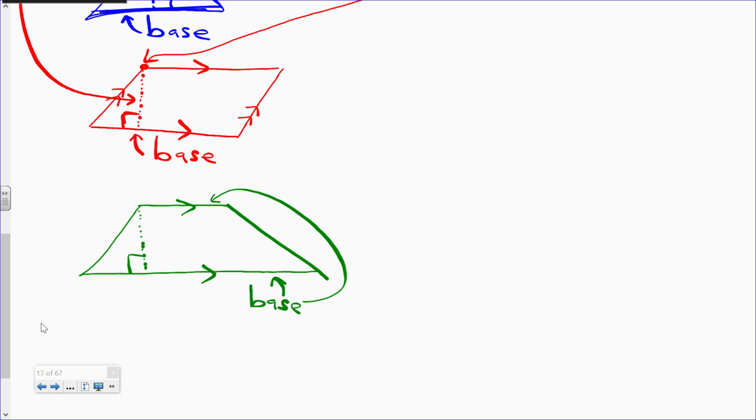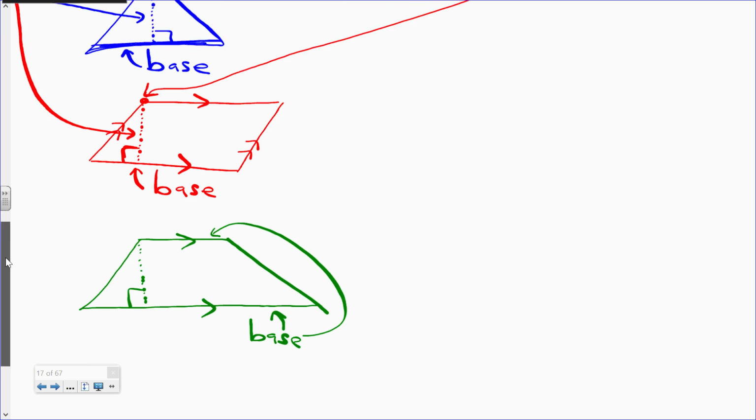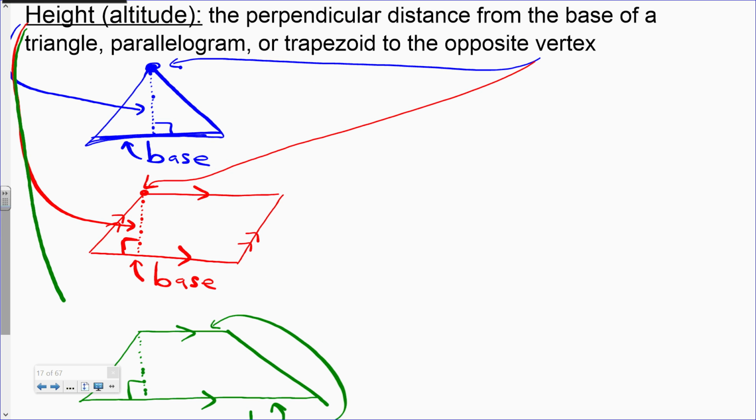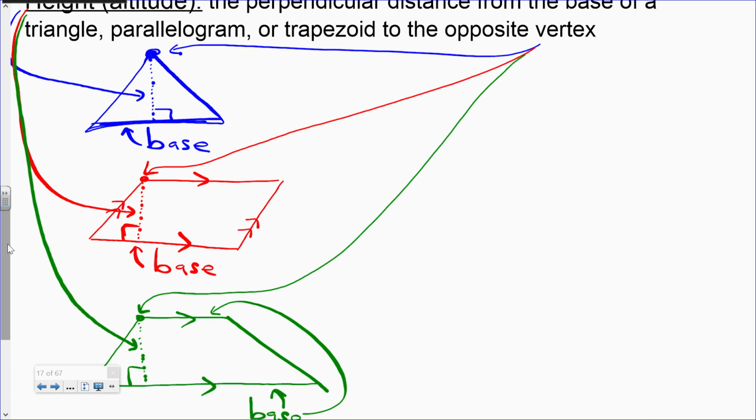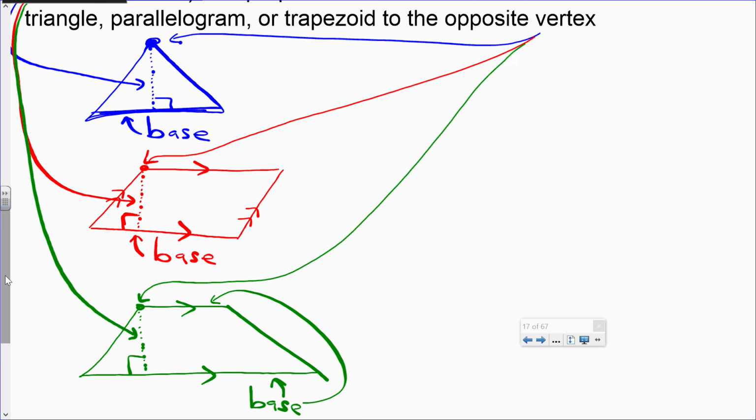So on a trapezoid, there are two bases, and the height is the perpendicular distance to the opposite vertex. Here's your opposite vertex, right there. Notice how the height means the same thing for all three different kinds of shapes. It's the perpendicular distance from the base to the opposite vertex. The only thing you have to remember on the trapezoid is that you have two bases, the two sides that are parallel. And that'll come into play when you use your formula.